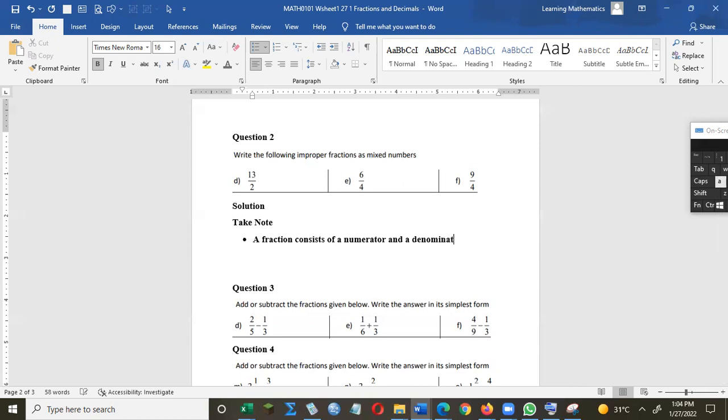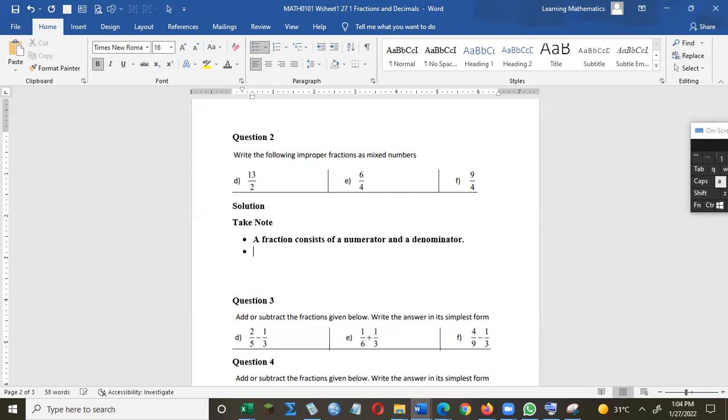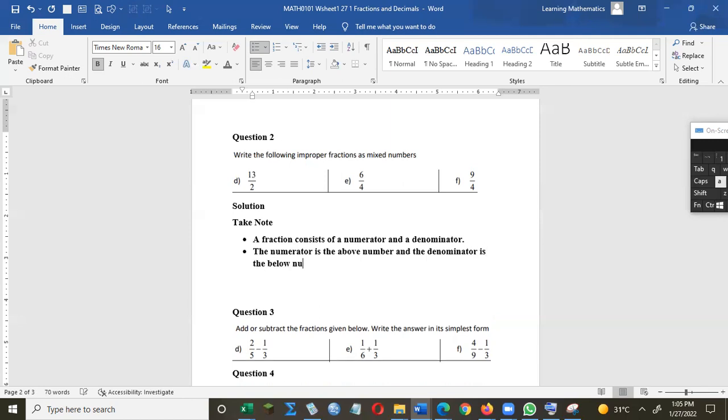Okay. Second point, the numerator is the above number and the denominator is the below number.